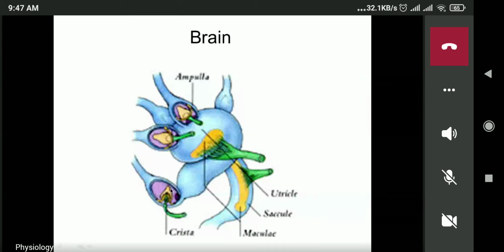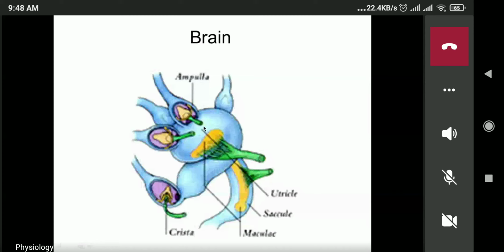This is called the cristae, right? And in the cristae there are cells, and in the cells there is hair. Hair cells are there. If the hairs are moved, then the impulse comes through these nerves, right? This is the structure in the ampulla, the crista. Those are the things related to the semicircular canals.